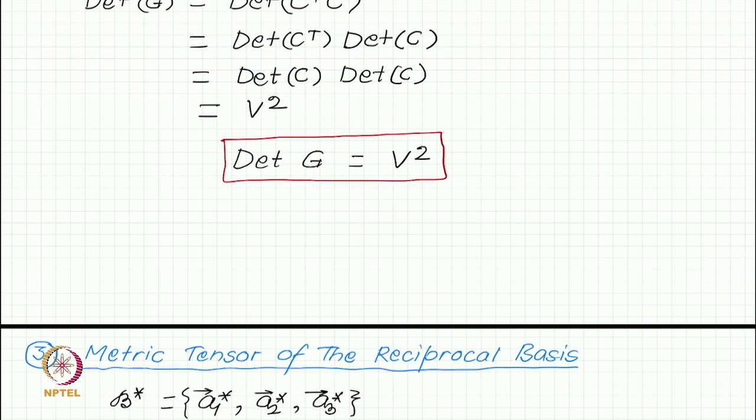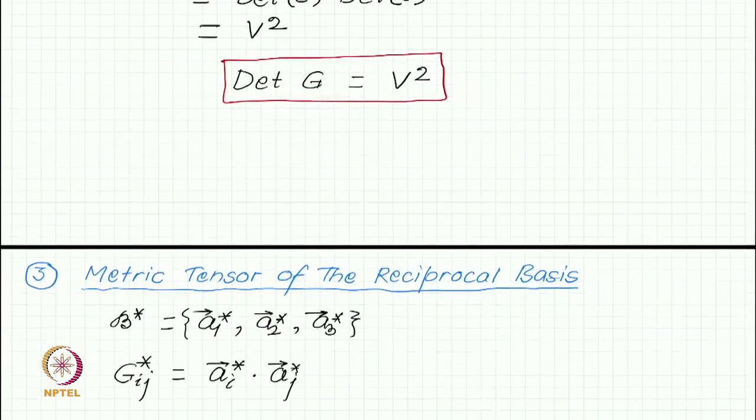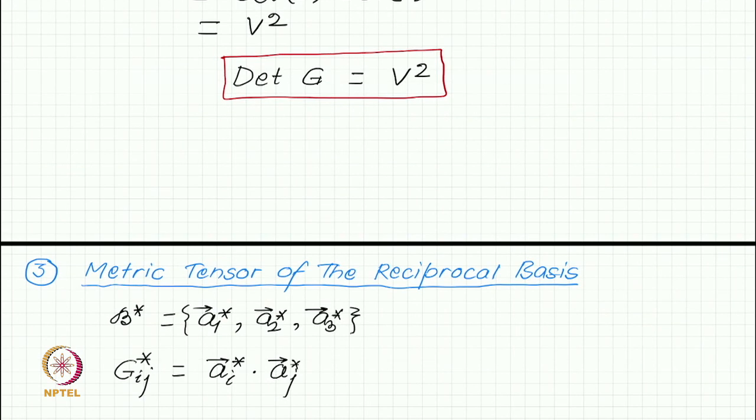Now, let us construct the metric tensor in reciprocal space. The question comes, reciprocal space also is defined by 3 basis vectors A 1 star, A 2 star, A 3 star. There also we can take the corresponding dot products A 1 star dot A 2 star and so on. So, we can define there also a metric tensor G i j star, which is A i star dot A j star.